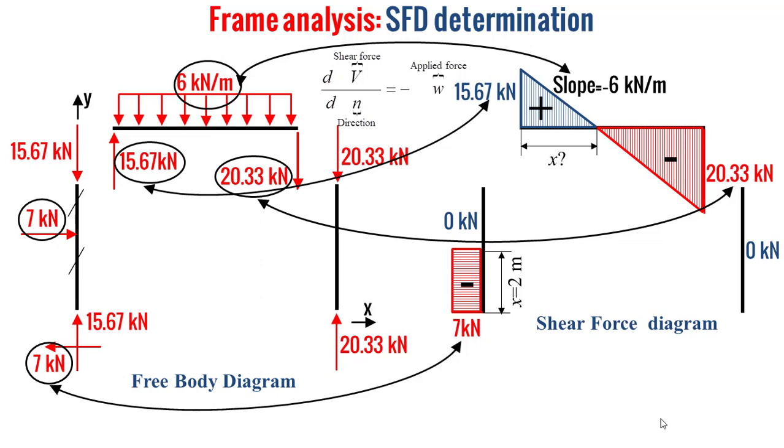Now we can determine where at the beam the shear force is zero using the simple equation of the line indicating the variation of the shear force along the beam. We find finally that the shear force will be zero at the distance x equal to 2.61 meters on, of course, the considered beam.